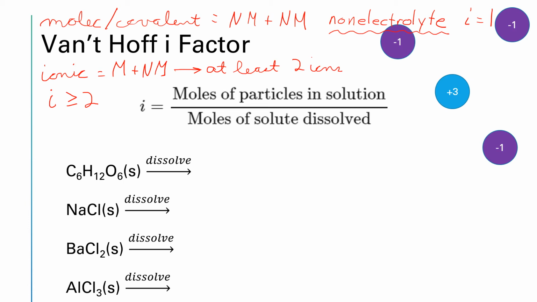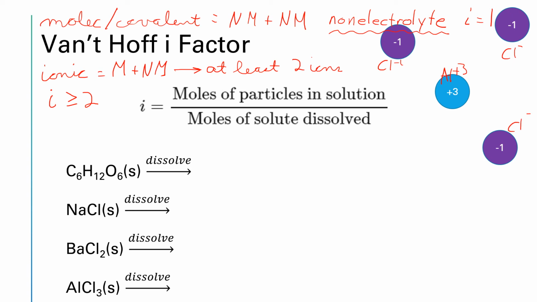Here's an example of something like the very last one that I have in this list, AlCl3. Aluminum is a metal that when it forms compounds has a charge of +3. So this blue ion might be our aluminum +3 ion. And then chloride forms ions that have a charge of -1. So each of these purple ones might be a Cl -1.